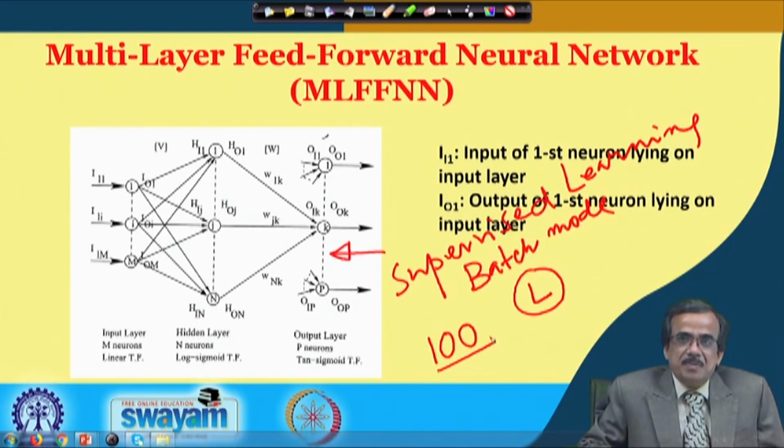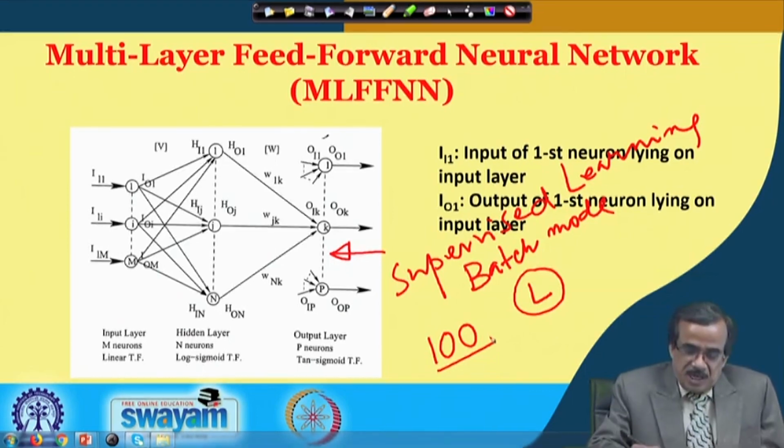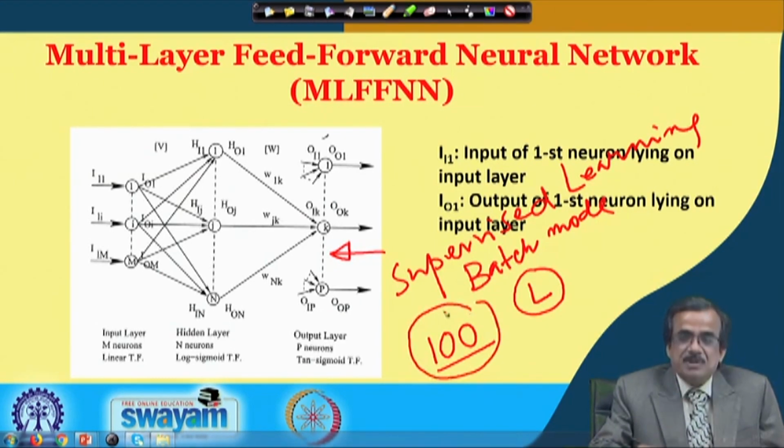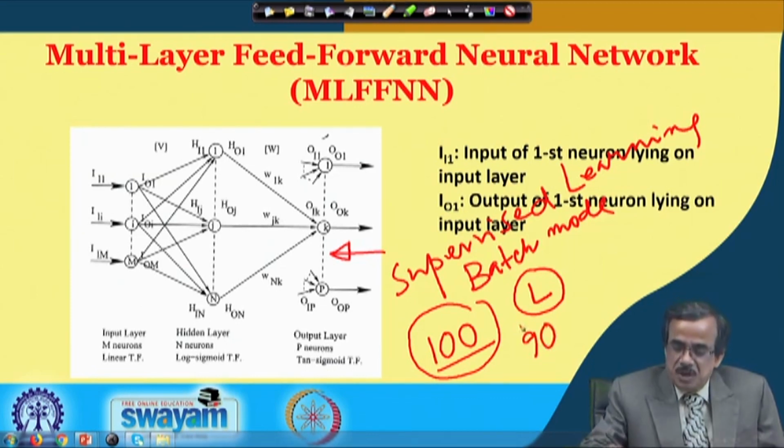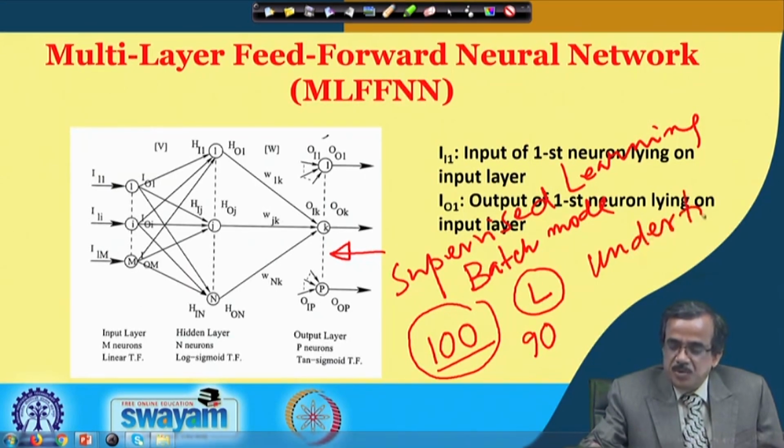Now, let us see what happens if I pass a smaller number of training scenarios. This I have already mentioned, and let me try to repeat once again. Supposing that I have got 100 design variables. Now, if I pass say 90 training scenarios, that is a case of under training of this particular network.